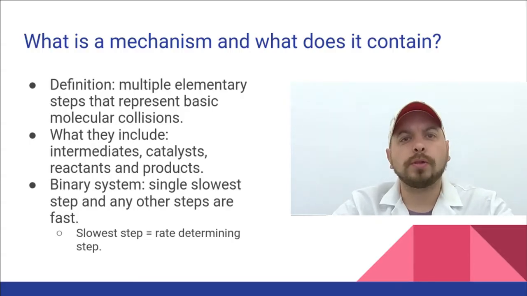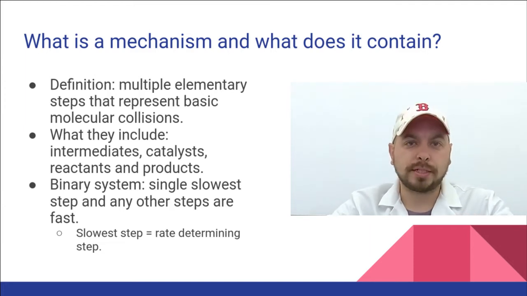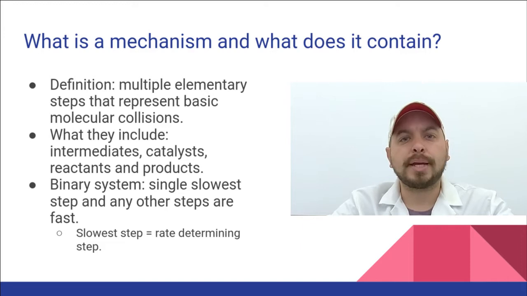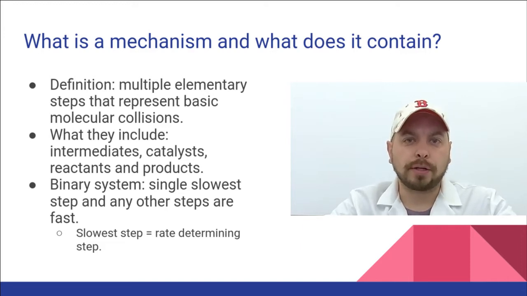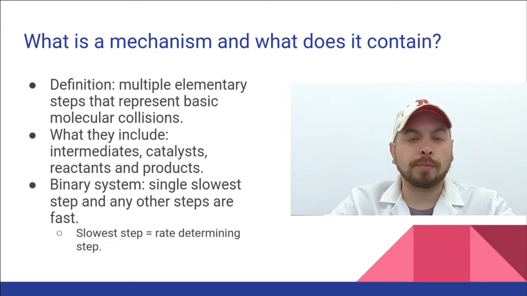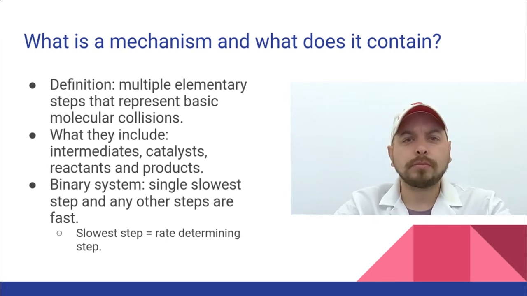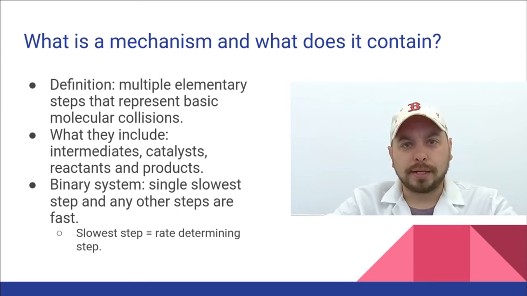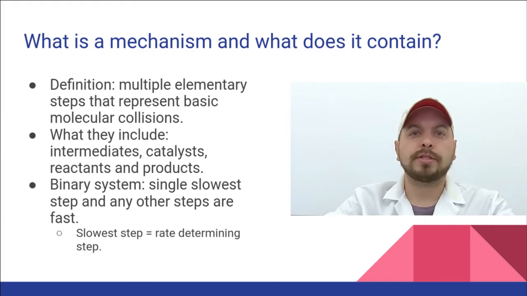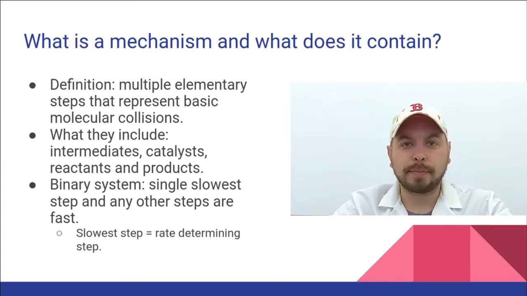Now, when we look at a mechanism, it's multiple steps, multiple elementary steps, which represent basic collisions of molecules. And they can include intermediates and catalysts in addition to the reactants and the products. Also, each mechanism has a single slowest step. We call this the rate determining or rate limiting step.